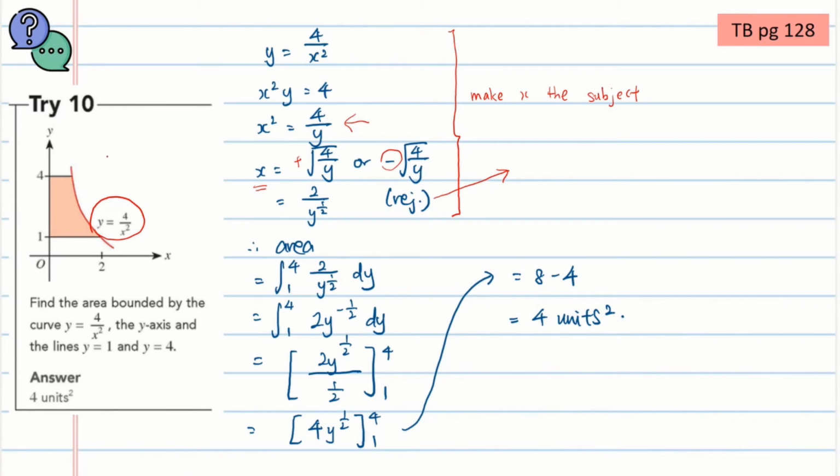But if you look closely at the diagram given, this curve is in the region of the x-axis where the values are positive. So my x values for this curve are positive, and there's no way for us to have negative x values. I need to draw my conclusion based on the context of the question.